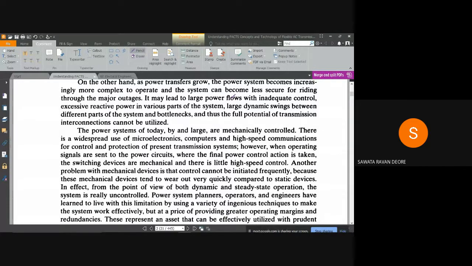Then again, the speed of that signal, the operational time constant of the circuit breaker, after getting that signal, how much time it will take to open or close. So the time of all this is involved, and that all affects the operation of the power system.